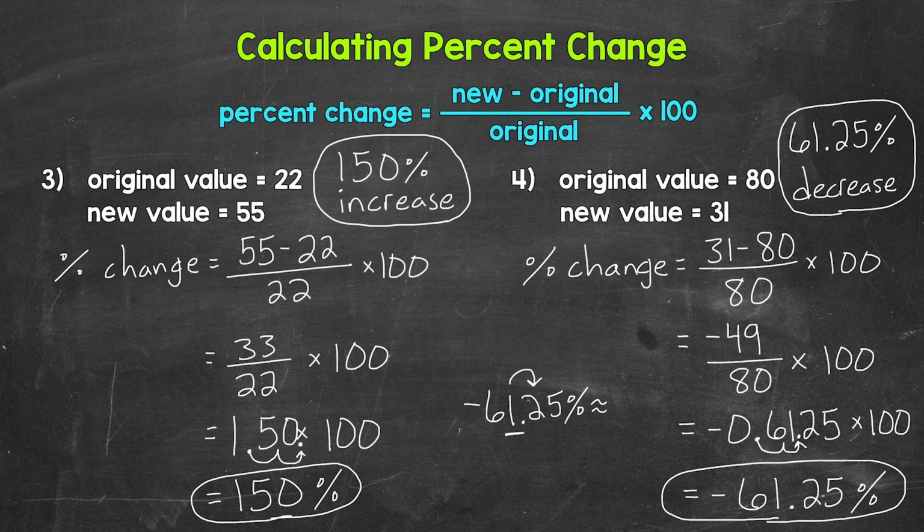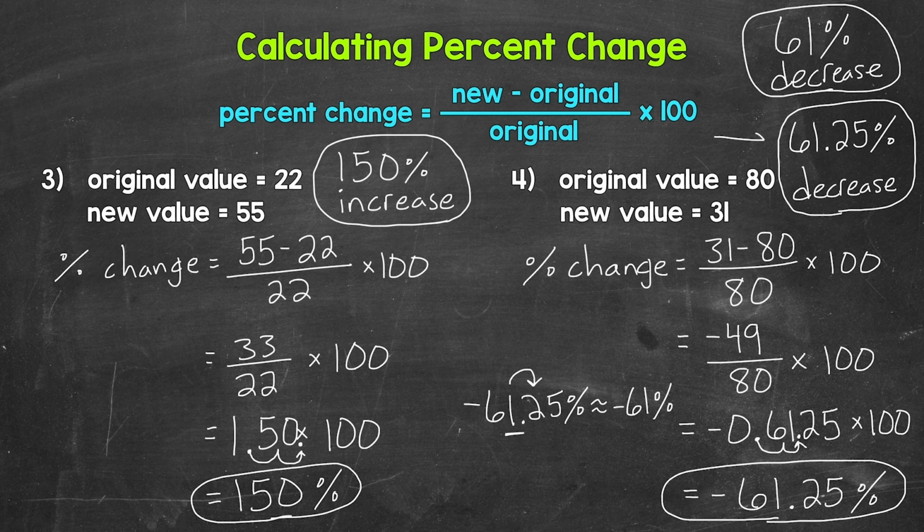So this rounds to negative 61%. So rounding to the nearest percent, this is approximately a 61% decrease. So this is the exact answer, and then this is the approximate rounded answer. So again, if we end up with a decimal, especially a long decimal or a repeating decimal, we can round.